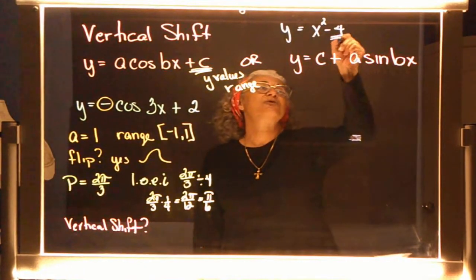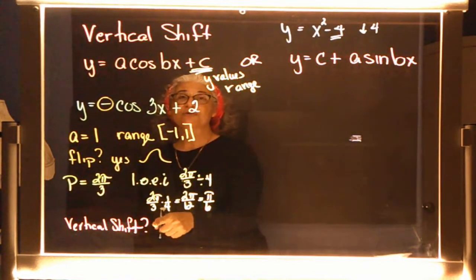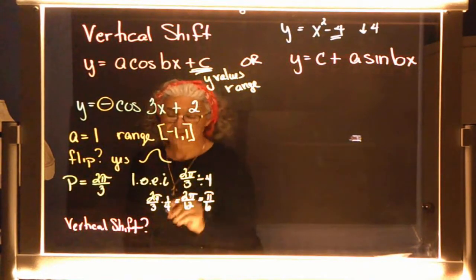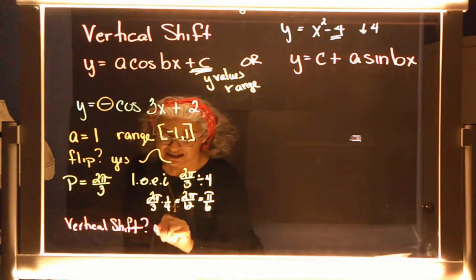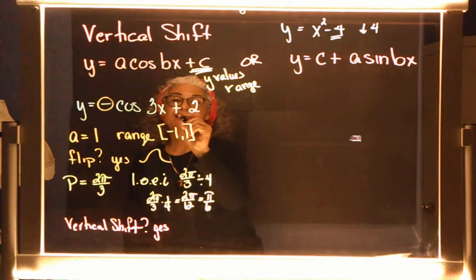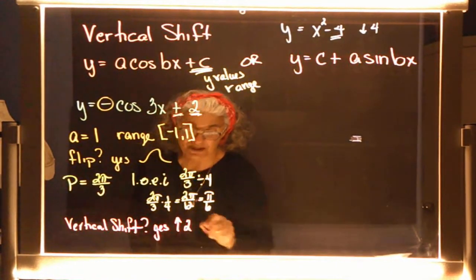Yeah, that minus 4 told you it went down 4, didn't it? Well, do I have a vertical shift? The answer is yes. As a matter of fact, it's going which direction? Yeah, since it's a positive 2, it's going up 2 spaces.